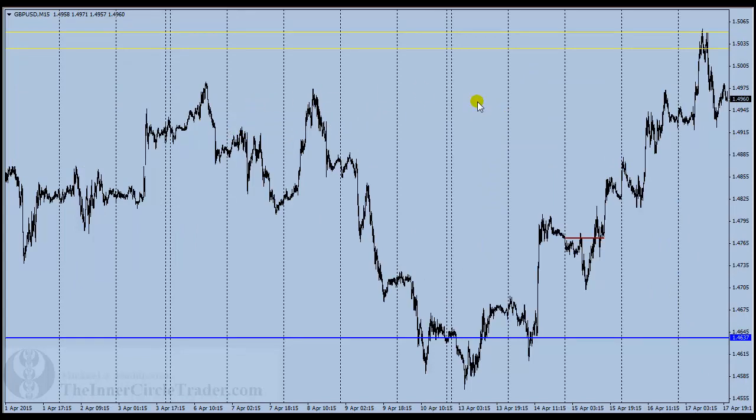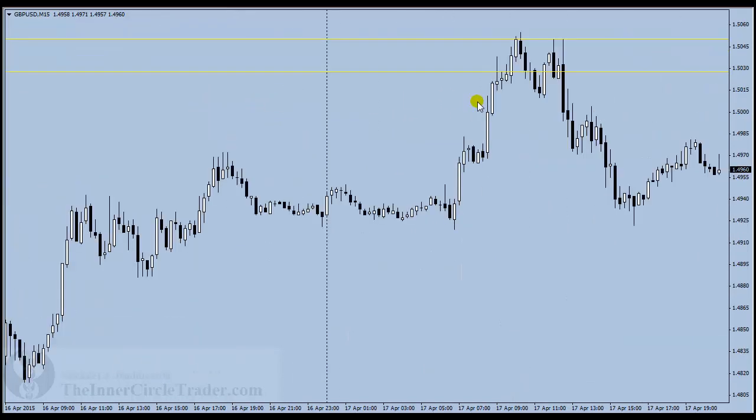If we are looking at price here, consolidating, and it rallies up, when did we talk about looking for market maker sell profiles? When it moves up into a higher time frame resistance, right? Would this area that we identified earlier not be an example of that? Sure it would.